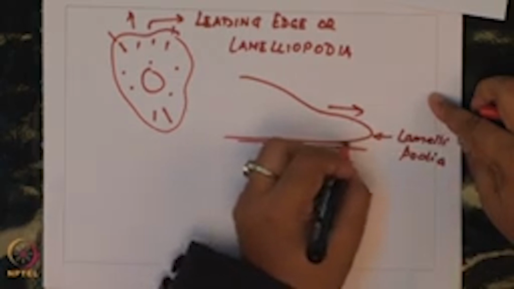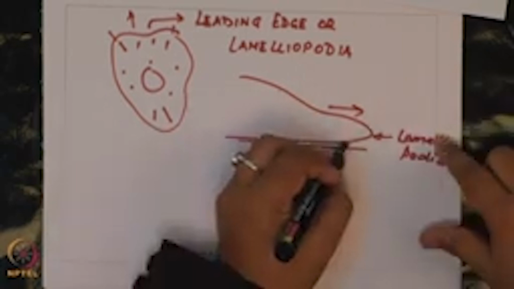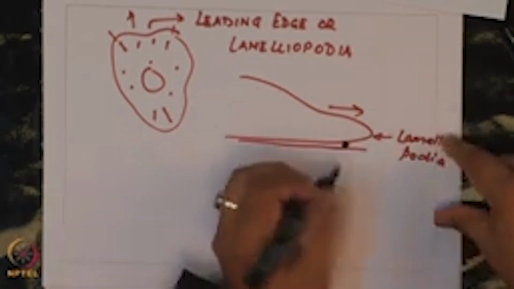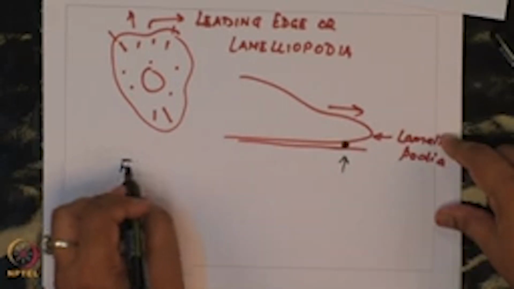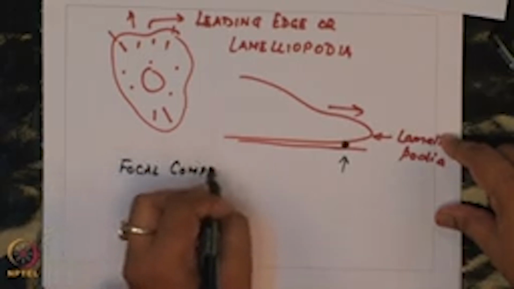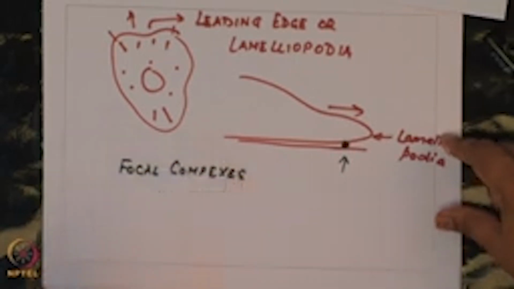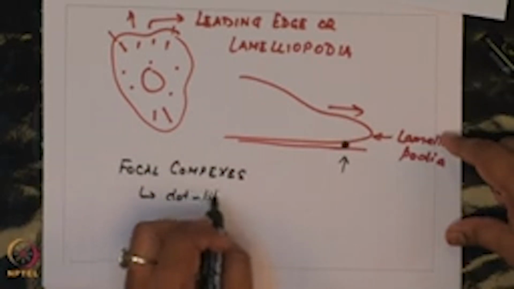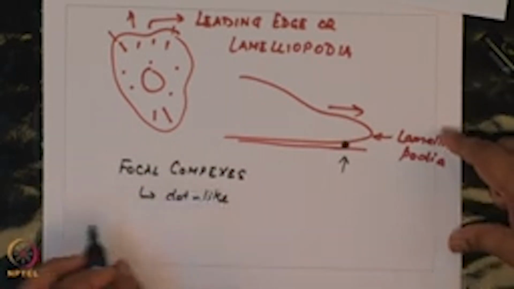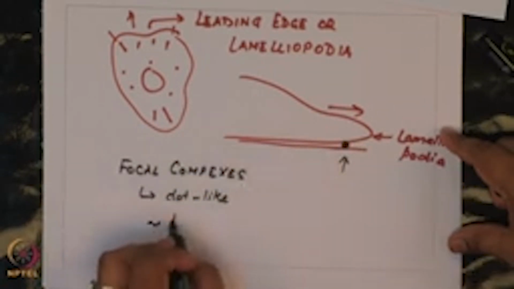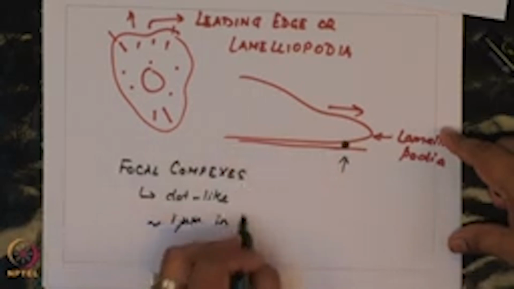Right underneath these, let me draw it with a different color, you have these small dots. These are called focal complexes. These are more dot like. They are roughly order 1 micron in size, in length.